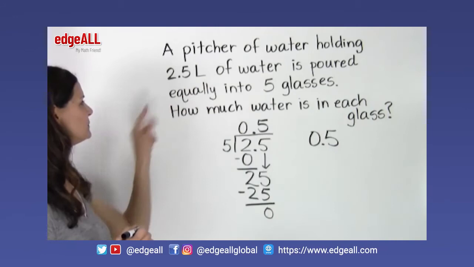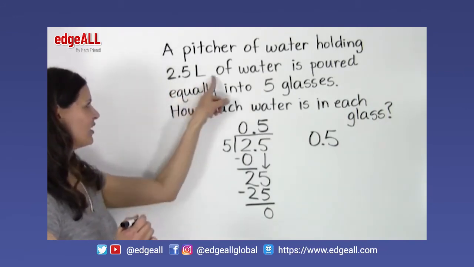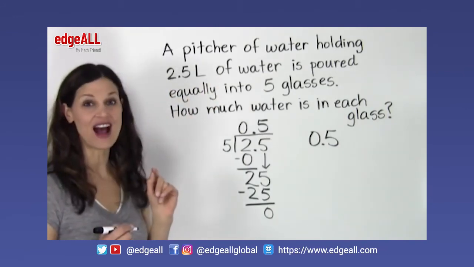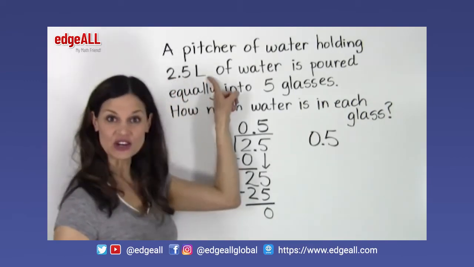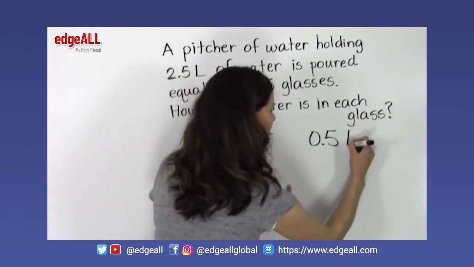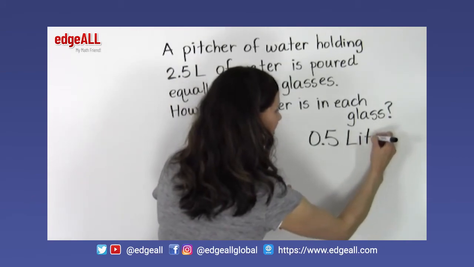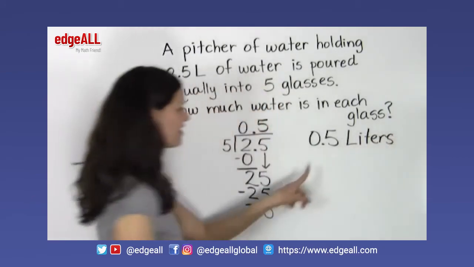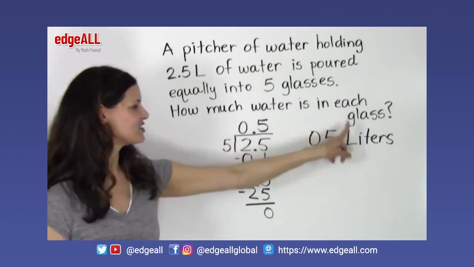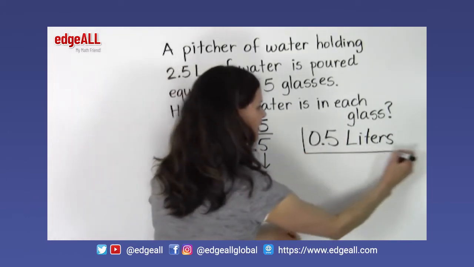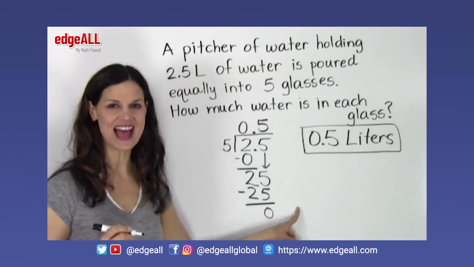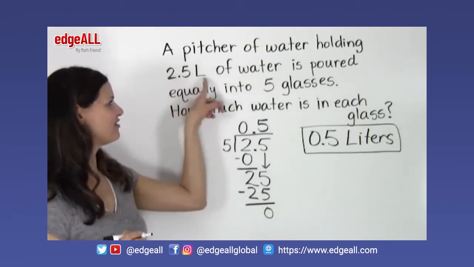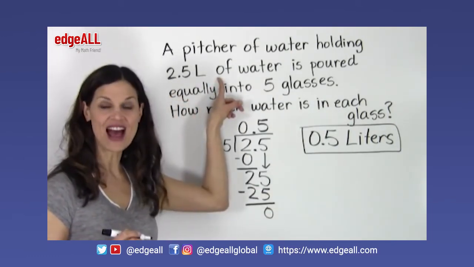So the original measurement here that we were dividing into 5 equal parts was 2.5 liters. So I need to make sure that I put over here in my answer that 0.5 liters of water will be found in each glass when I've taken 2.5 liters and divided that into 5 equal glasses.